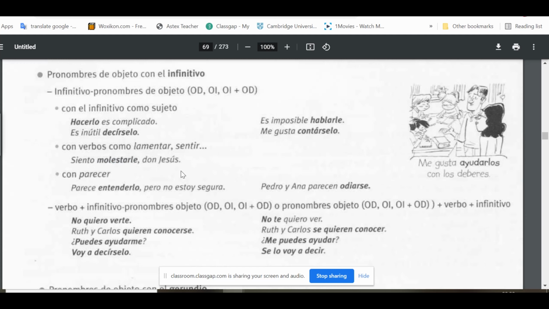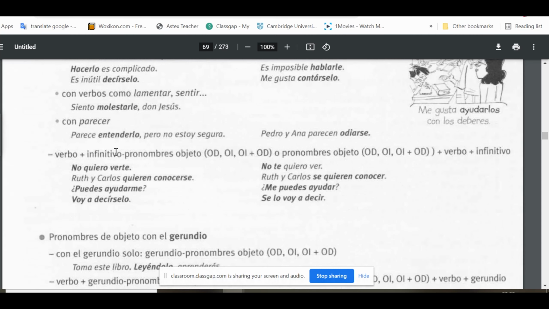Siento molestarle. I'm sorry to bother you, formal. So we use le when it's formal, usted. Parece entenderlo. So it seems they understand it. Pedro y Ana parecen odiarse. So, to hate each other.